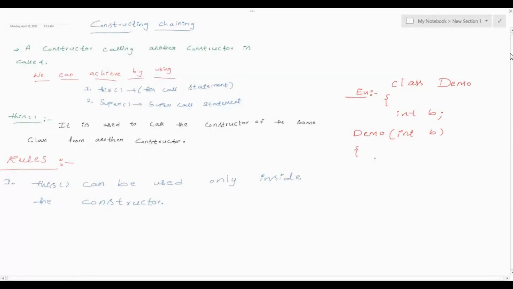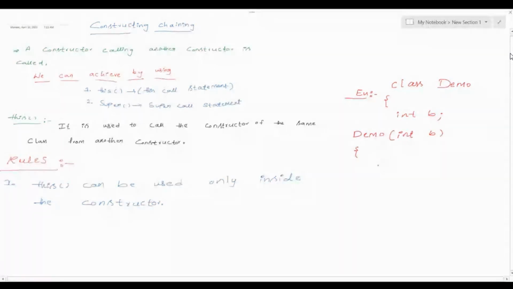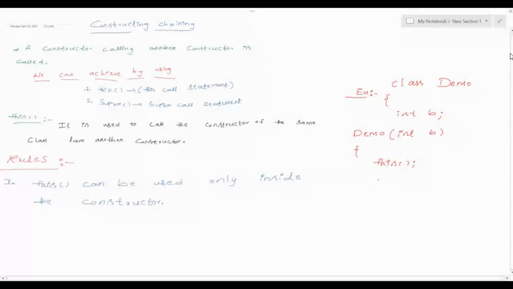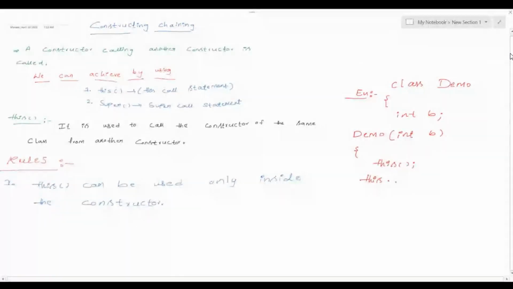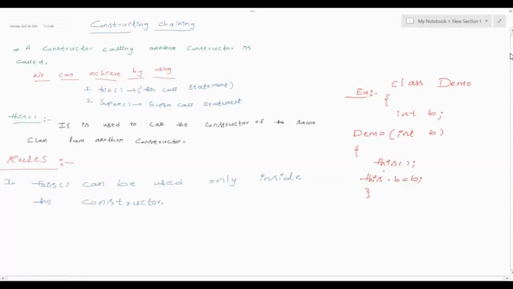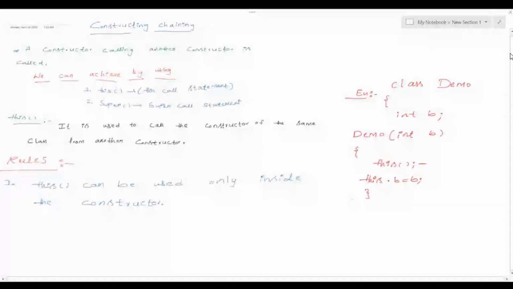So here we will initialize. Whenever we want to use this call statement, first we'll use this call statement. Why we will use, next point you will get idea. Next we will initialize, so this dot b equals to b. So always this call statement we will use inside the constructor only. That is the first point. Clear with this?